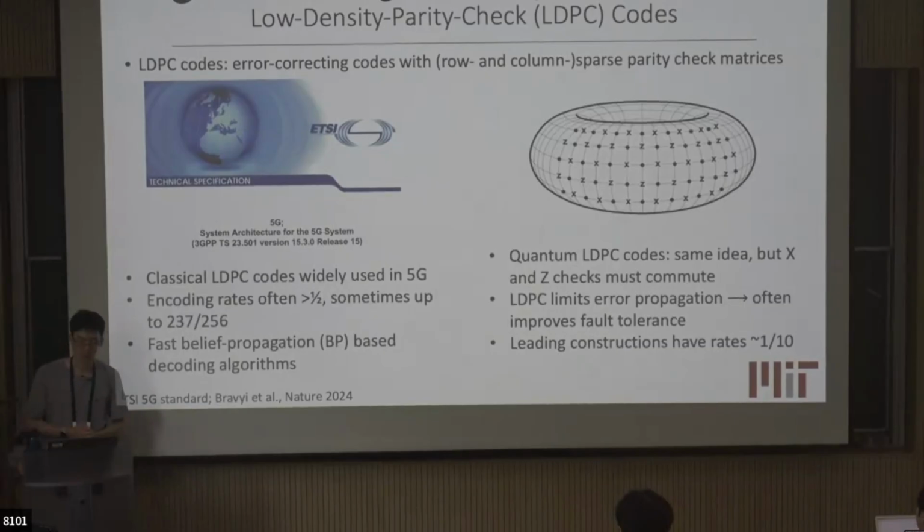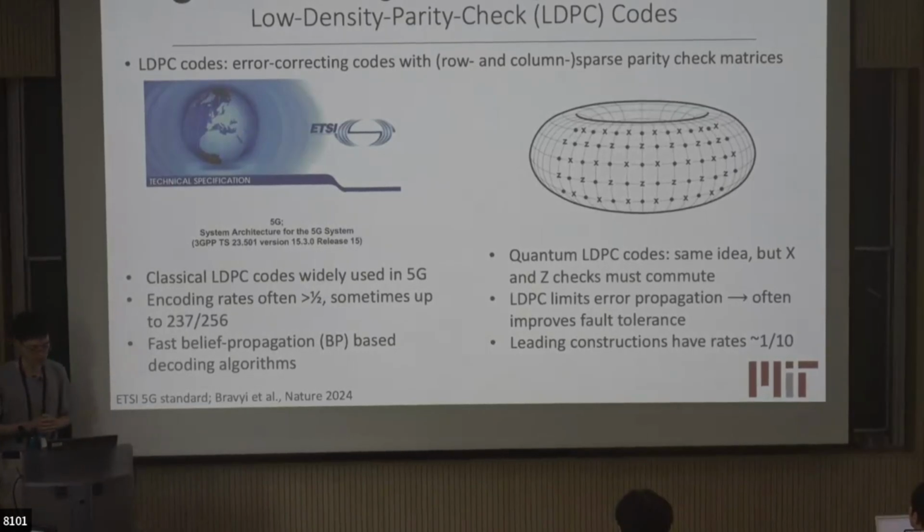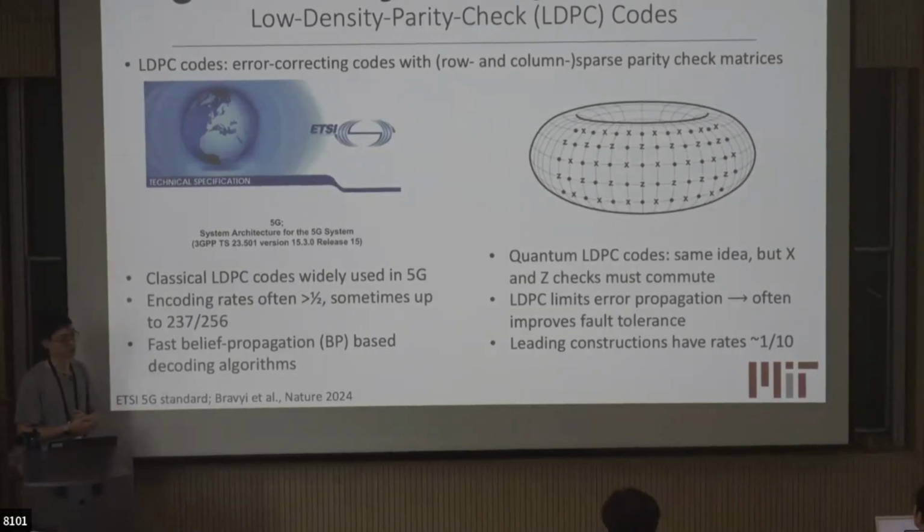From an implementation perspective, in addition to the ease of decoding, which was the main motivation for considering LDPC codes on the classical side, on the quantum side we also have additional reasons why this is nice. Having a low weight parity check means that it's a lot easier to implement, and so we can very effectively limit error propagation, which in turn improves the fault tolerance when we think about a concrete implementation.